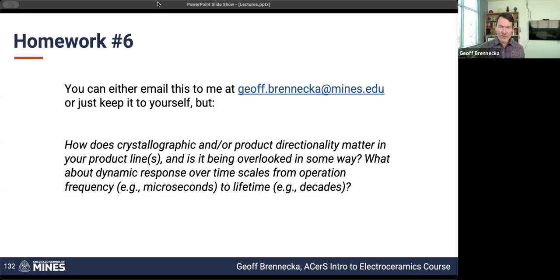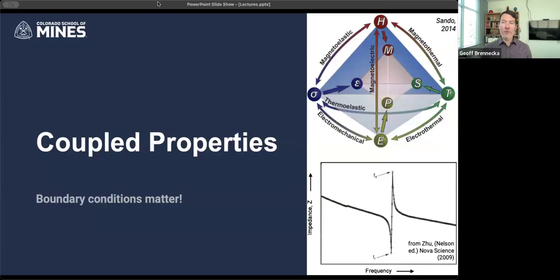All right. So now we get to jump into coupled properties. And this is another one of my favorite topics because we get to talk about the Heckmann diagram. This is a reminder that we always break material properties up and talk about, I'm going to apply an electric field here, I'm going to apply a strain there, I'm going to change the temperature here, as if they're independent, but they're not.